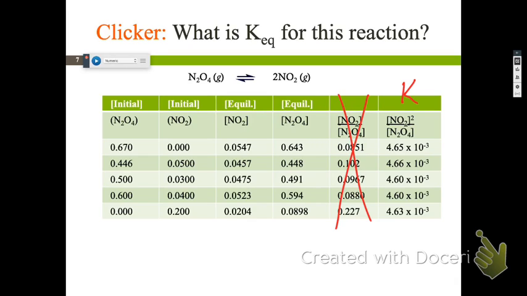We start shifting it, and then the very last one we do all products. And what we find is that no matter where we start on this line, that reaction is always going to end up achieving our equilibrium constant. That mixture of reactants and products related to the stoichiometric coefficients is always going to end up with the same number.